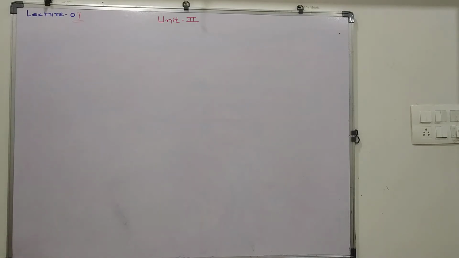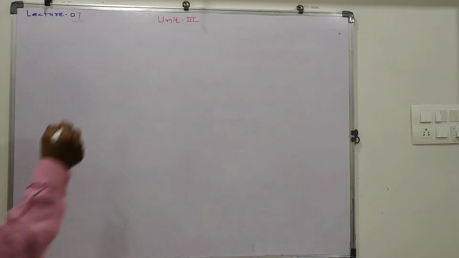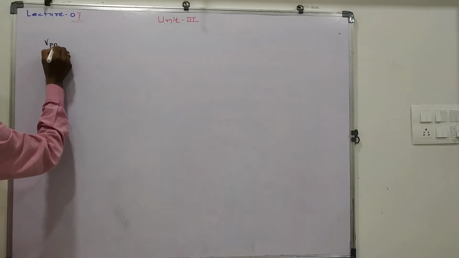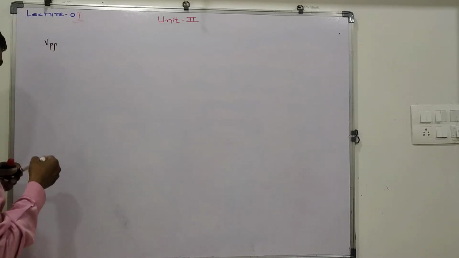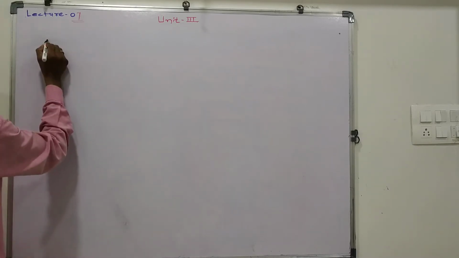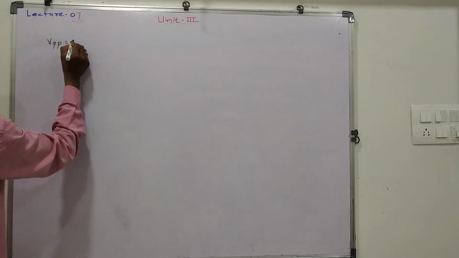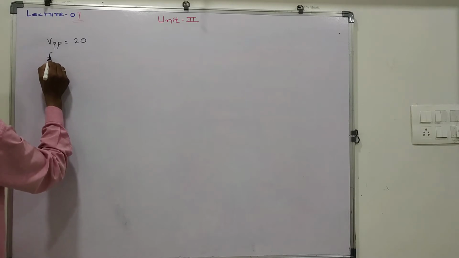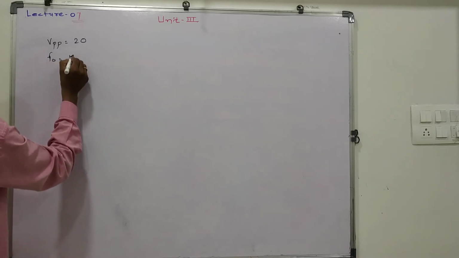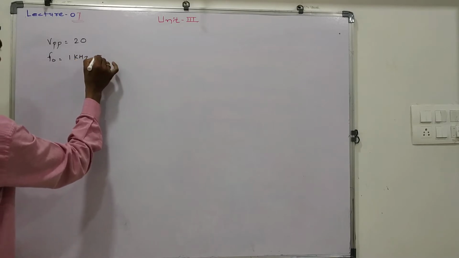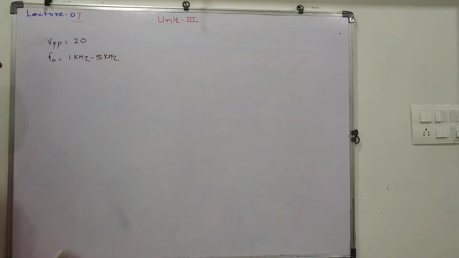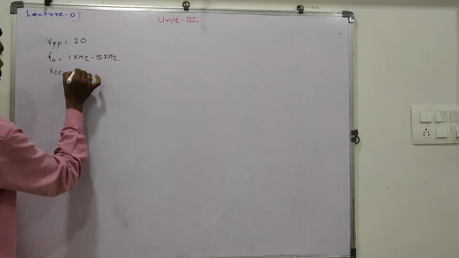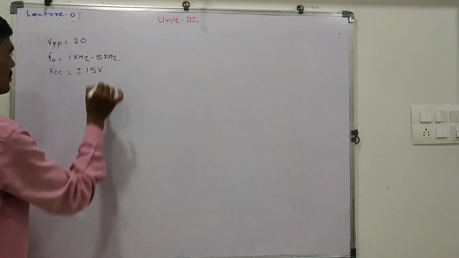So the first given data is VPP is specified. VPP is equal to 20 volt, frequency F0 is given as 1 kilohertz to 5 kilohertz. Then VCC is equal to plus minus 15 volt.